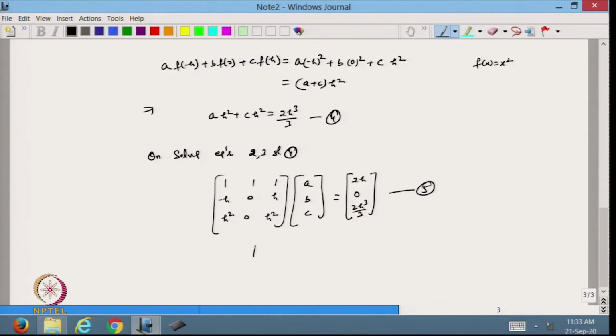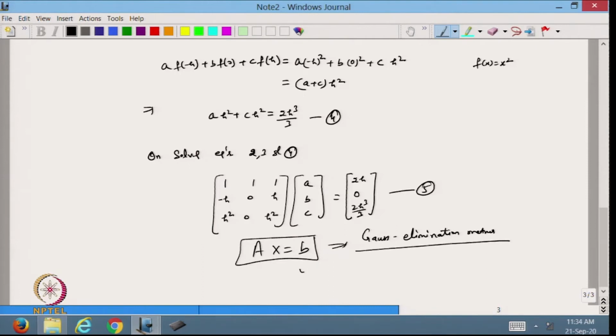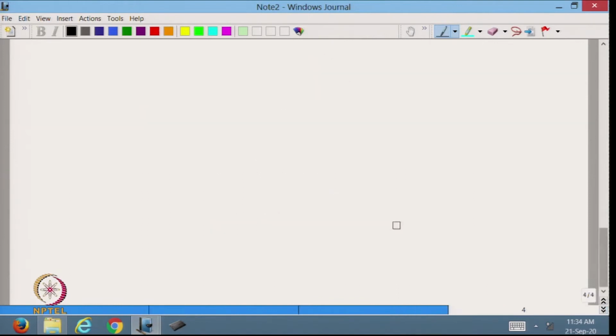So, this is a system of equations like Ax equal to b, and we know that we can solve it using maybe the Gauss elimination method, and then we can find the solution. If we solve this using Gauss elimination or any method we have discussed, I will get the values of a and c as h by 3, and b as 4h by 3. So, that is the value we got.